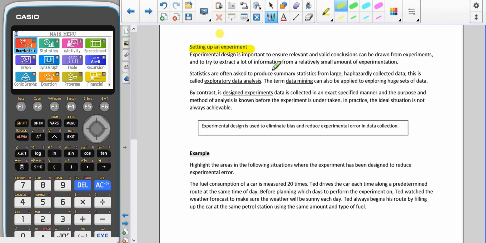Statisticians are often asked to produce summary statistics from large, haphazardly collected data. This is called exploratory data analysis. The term data mining is also applied to exploring huge sets of data. And quite often, if you get a job in data analysis, this is the type of data that you will be using.